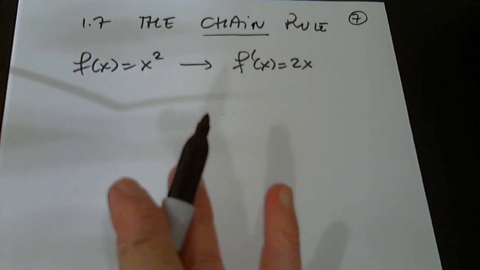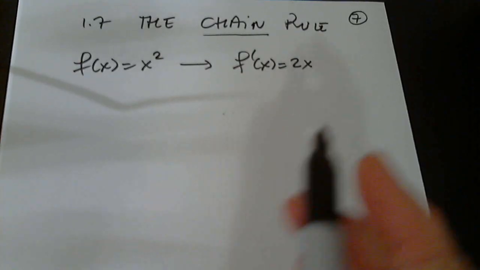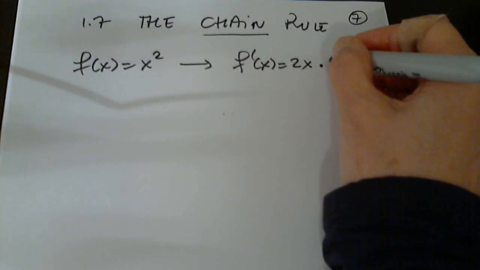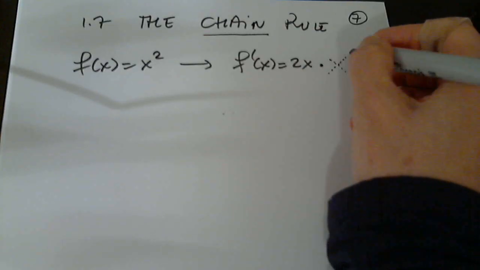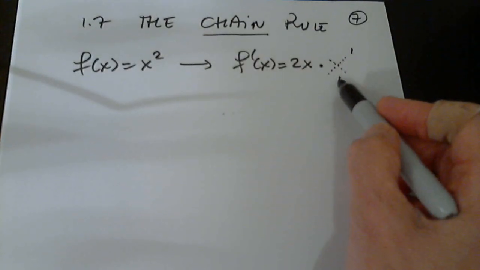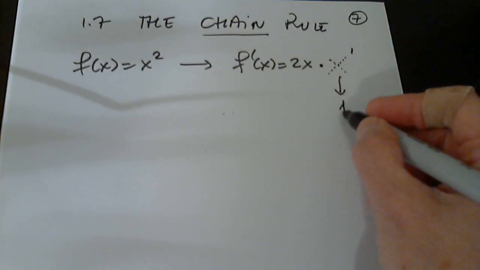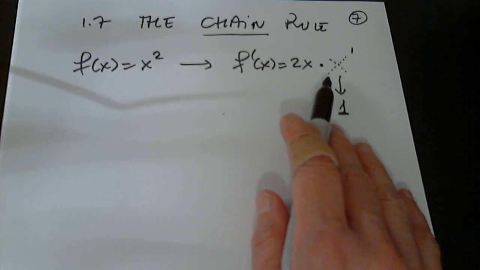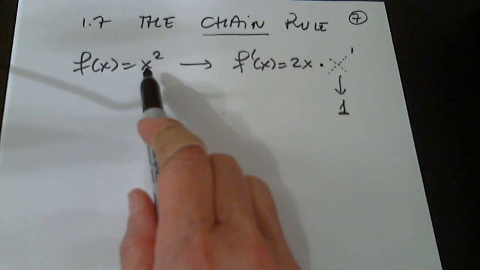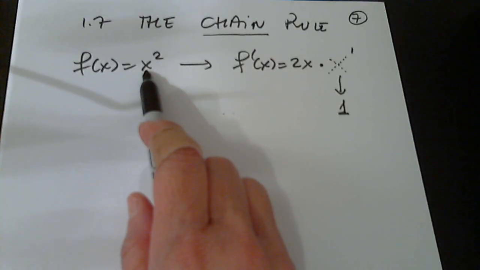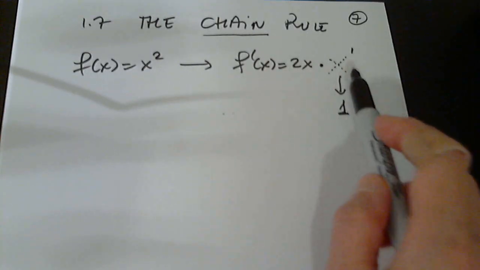But actually, the correct rule is times x prime. But it happens that x prime is, can anyone tell us the derivative of x? When I differentiate x, what do I get? 1. Exactly. So that is the reason why we don't write this. There is no need, because something called the inner function, when I differentiate it, is 1.